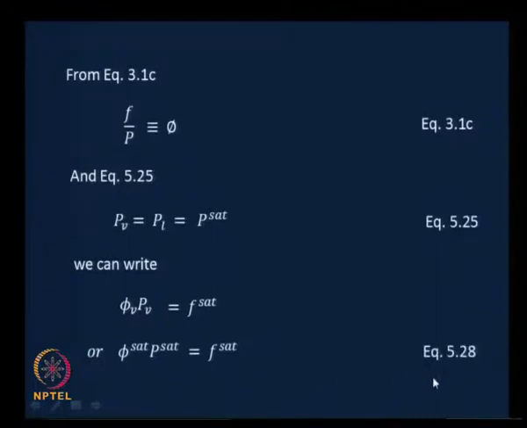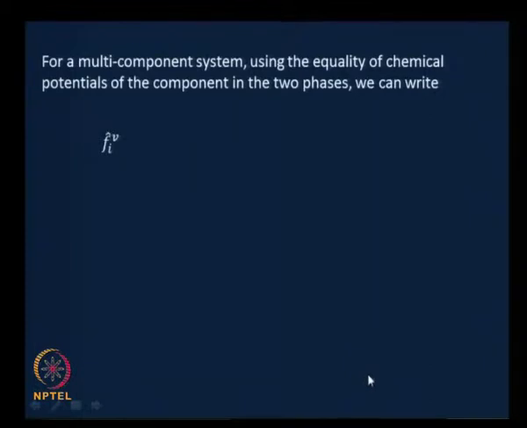This was equation 5.28, and what was left as an assignment for you was to develop similar expressions for a multi component system. This is for a pure component system, and you are asked to develop equations for a multi component system. Hopefully you could do that, and let us see how they look now.